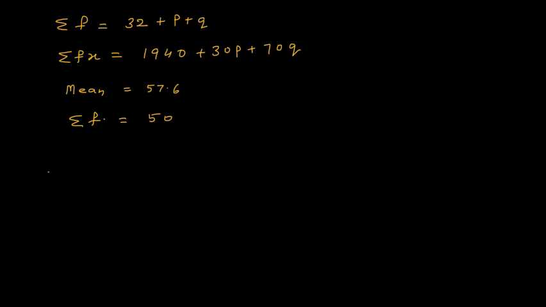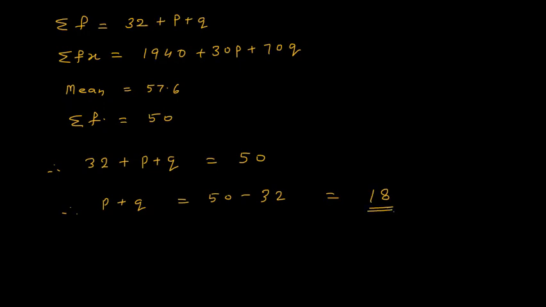So therefore we can say that this 32 plus P plus Q is 50. So therefore the value of P plus Q is 50 minus 32. So 10 minus 2 we get 8, then 4 minus 3 is 1. So this is 18. P plus Q is 18. This you can consider equation 1.